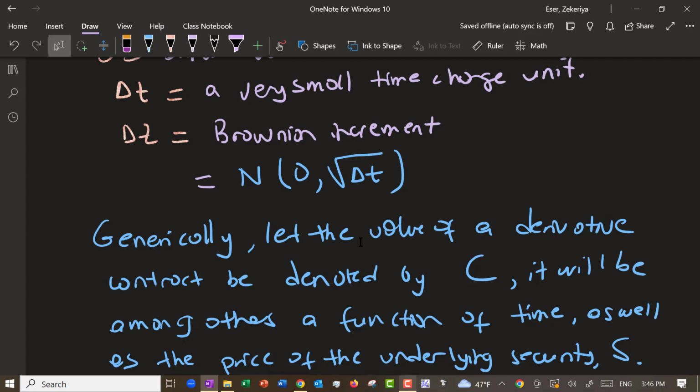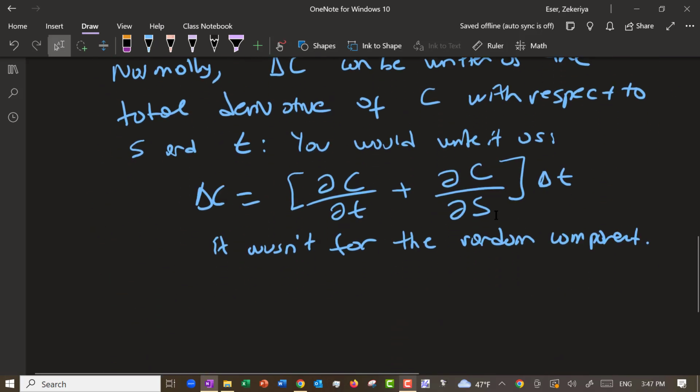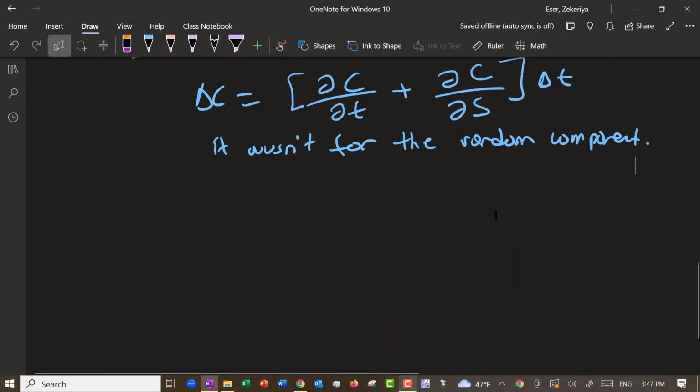It doesn't jump around too much, even though it does jump around quite a bit.